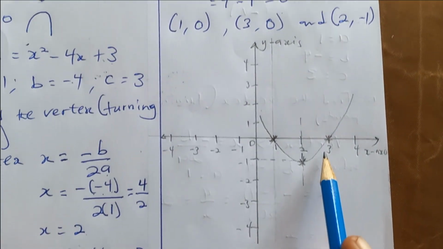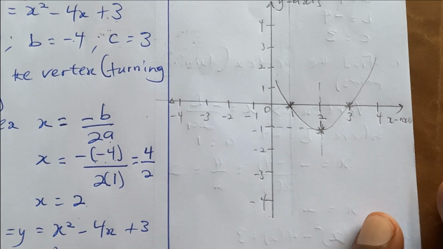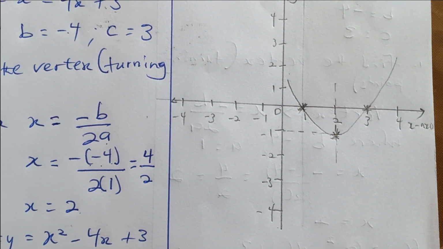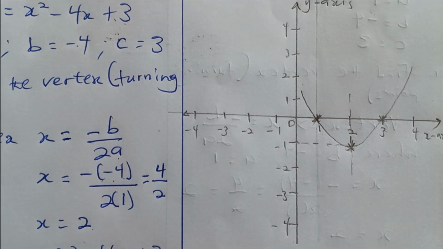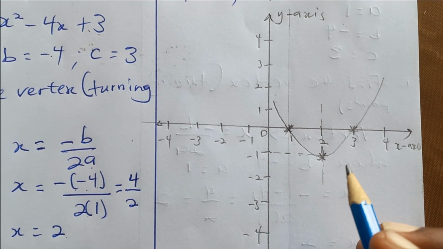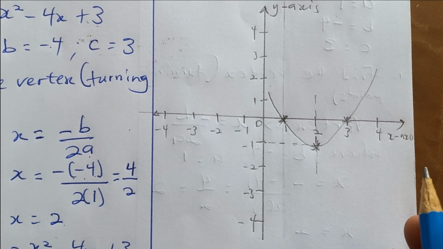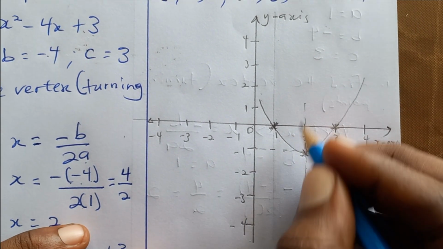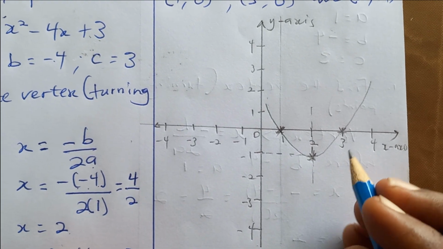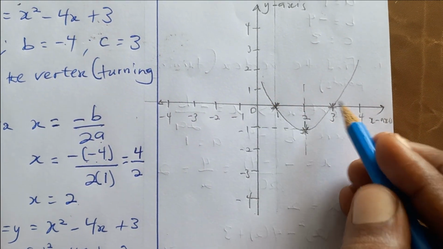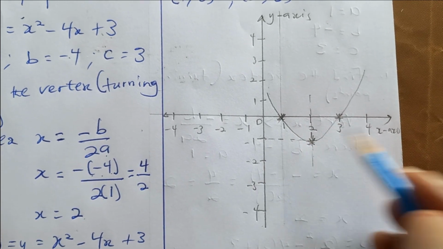You see? Good. Now somebody will ask, what is the line of symmetry? The line of symmetry is the vertical line that divides the parabola into 2 equal halves. So if you check this, the line of symmetry is 2. You can see that 2 divides the parabola into 2 equal halves.